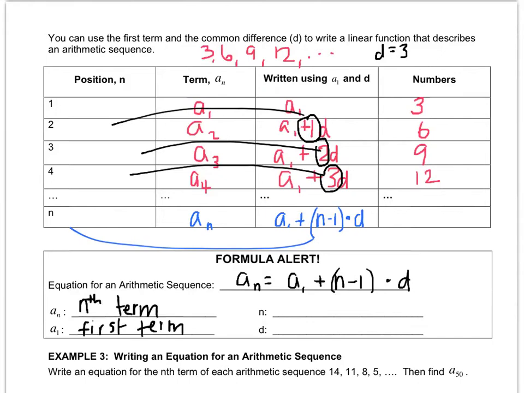N stands for the position number that you're looking for. So if I was looking for the 10th term, that would be a sub 10. I would use n as 10. And d, we said earlier, is that common difference.